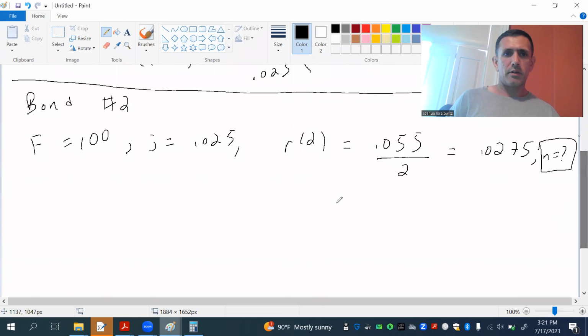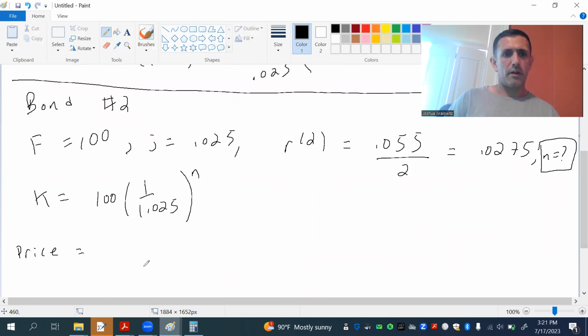Okay. So here K is 100, 1 over 1.025 to the n. We don't know what n is. That's fine. So it's K, just use Makeham's formula, plus R. Sorry.